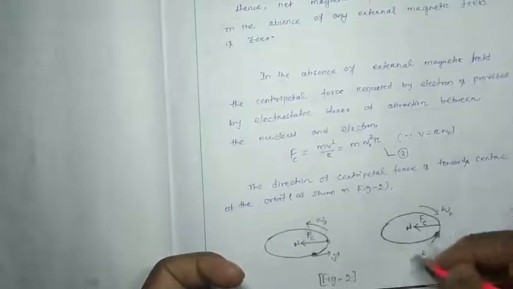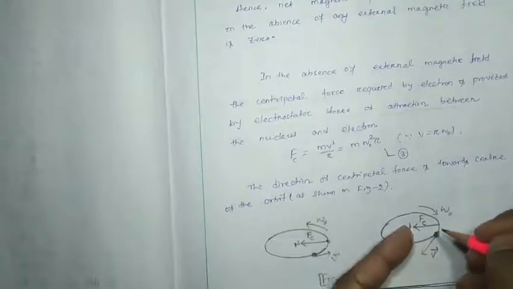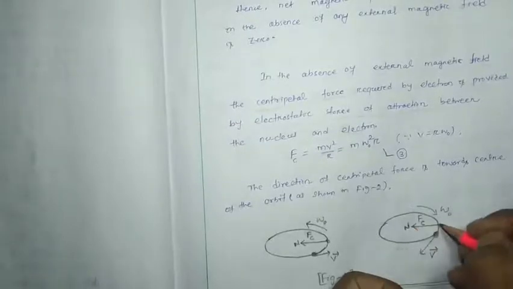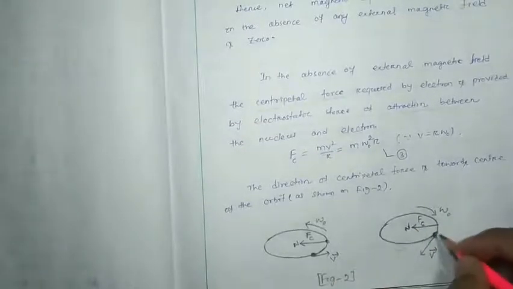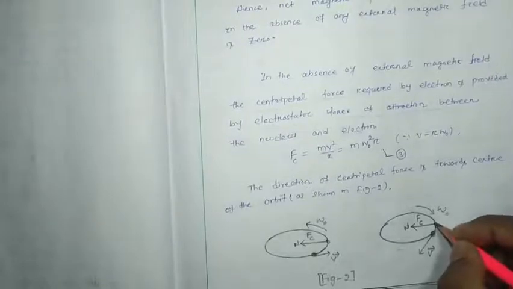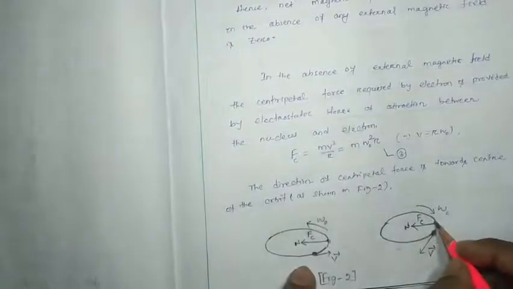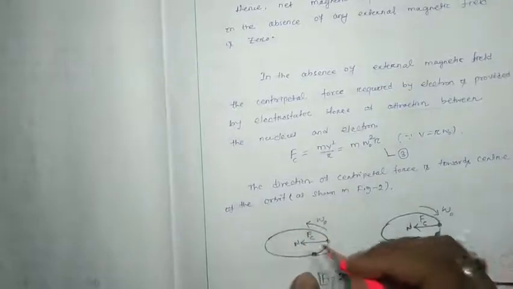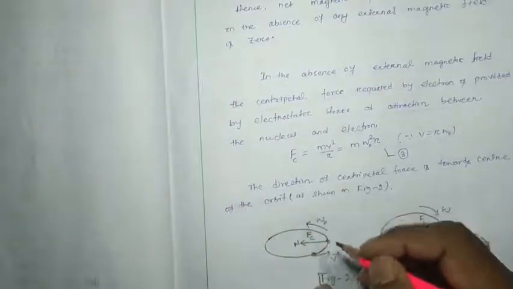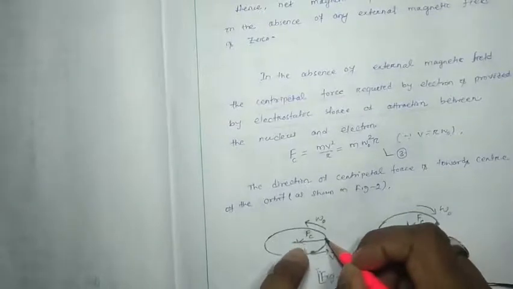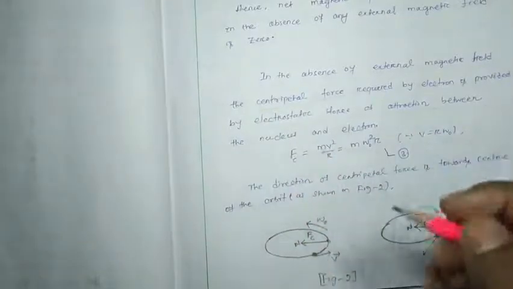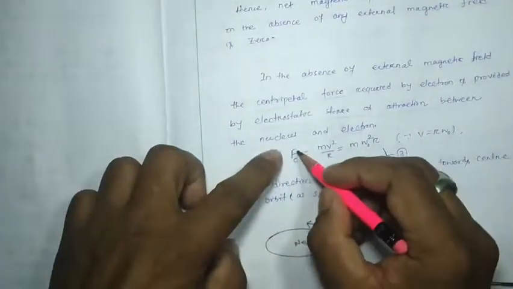The centripetal force acts on the electron, whether it is revolving clockwise or anti-clockwise, and it arises due to the electrostatic force of attraction between the nucleus and the electron. That force is represented by Fc.